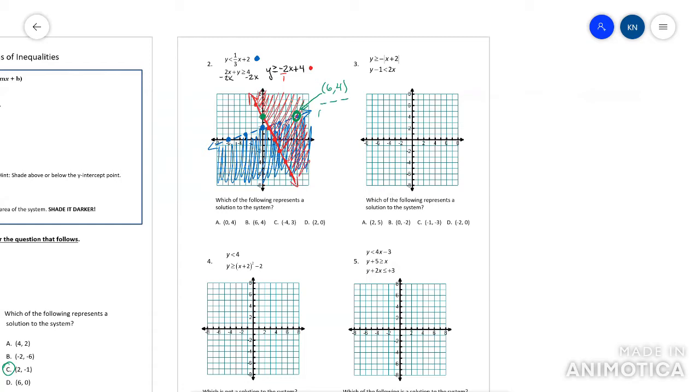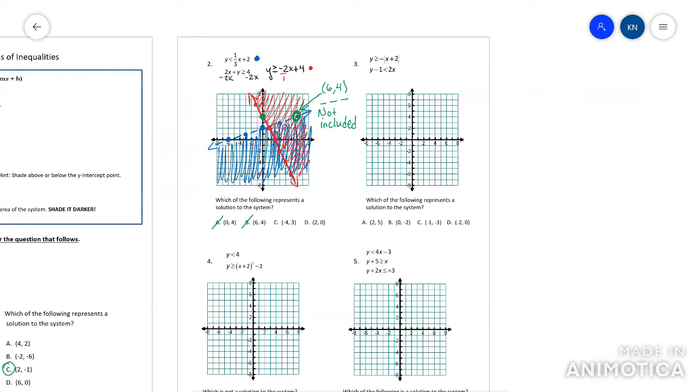That means it's not included. If you have something land on a dotted line, it is not one of your answers. Now, if this had landed on a solid line that was in the shaded part, then that would work. But if it lands on a dotted line, it's not included. So it's not A, it's not B.